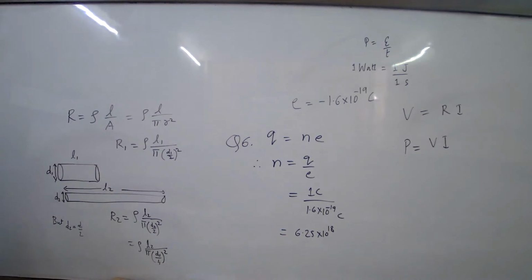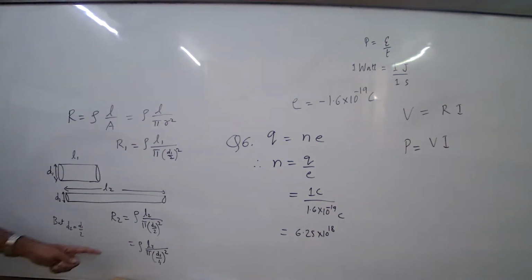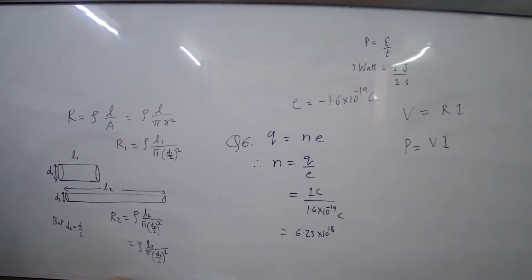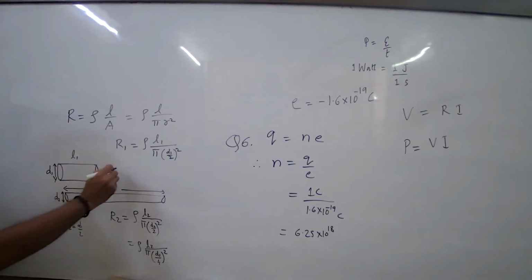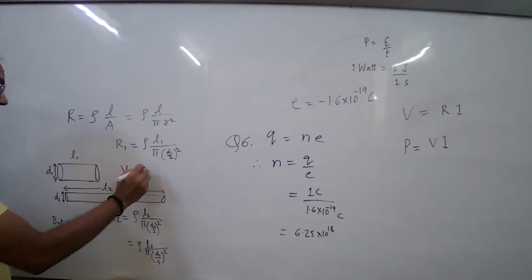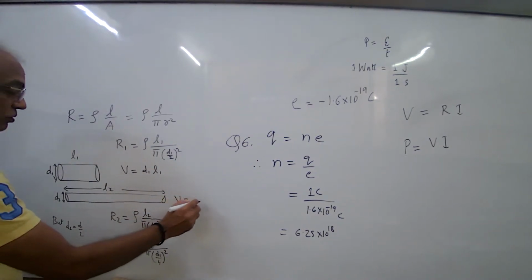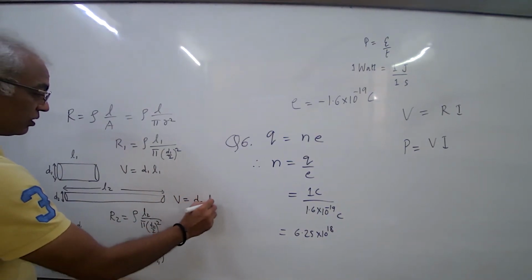And what about L2? How much is L2 stretched so that D becomes half? Now, look here. The volume will not change. Volume of matter remains the same. So V is equal to D1 L1. Here also V should be equal to D2 L2.